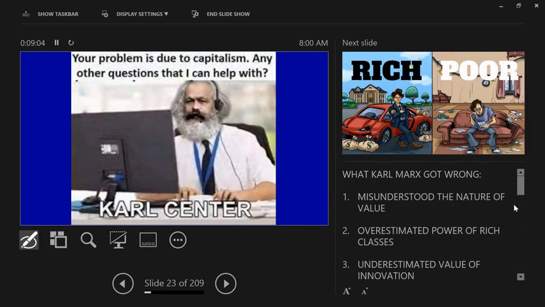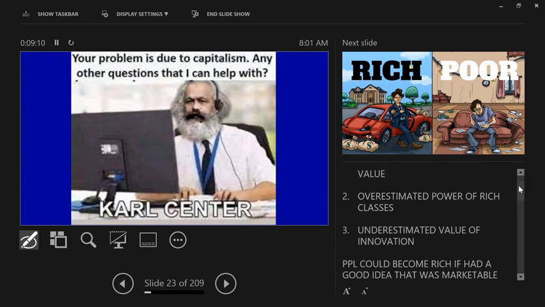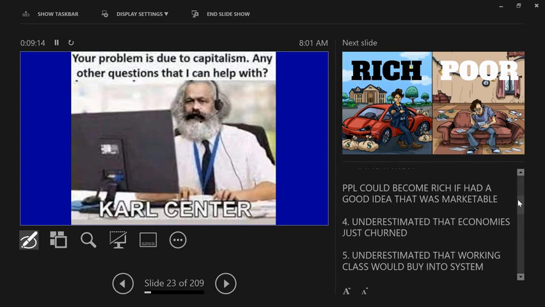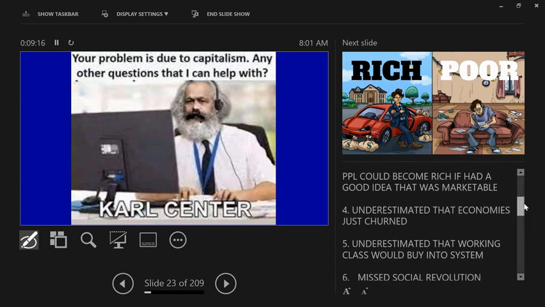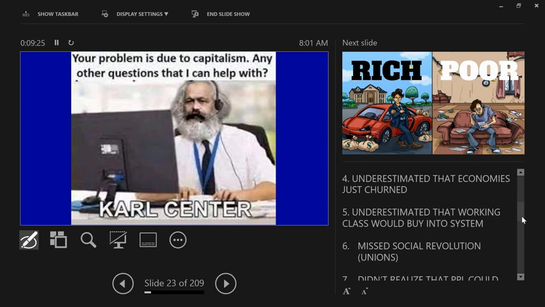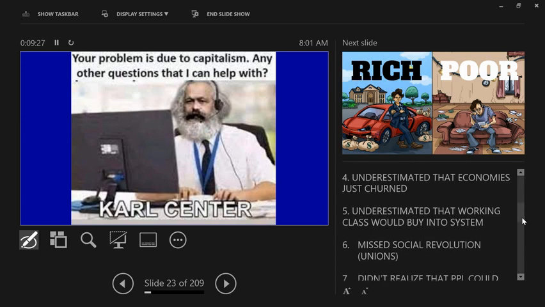But there's a couple of things that Karl Marx got wrong. One is that he misunderstood the nature of value. He overestimated the power of the rich classes, and he underestimated the value of innovation. People could become rich if they had a good idea that was marketable. Another thing that he got wrong is he underestimated that economies just churn.